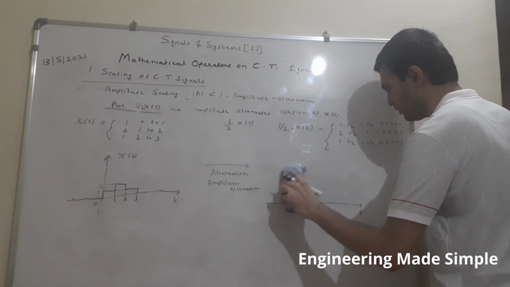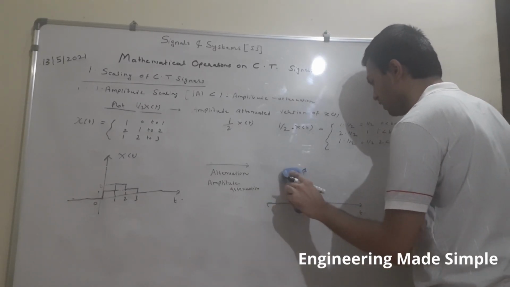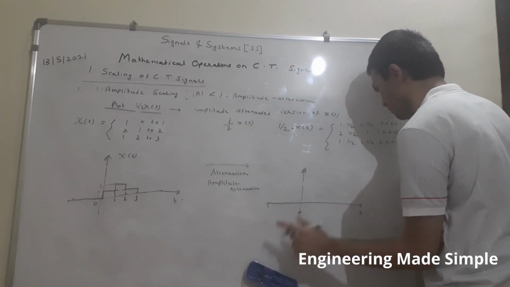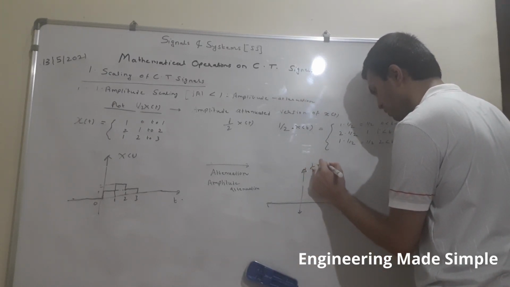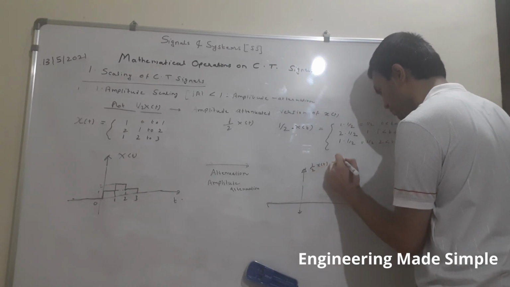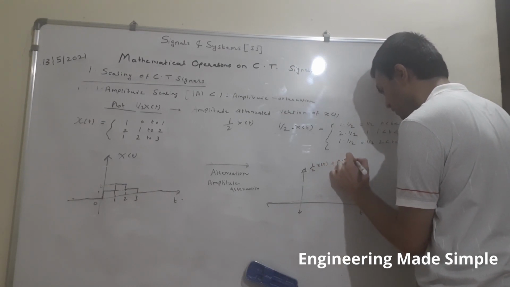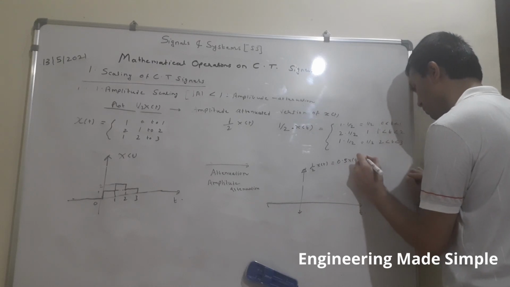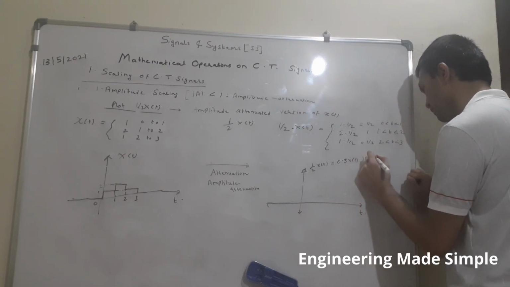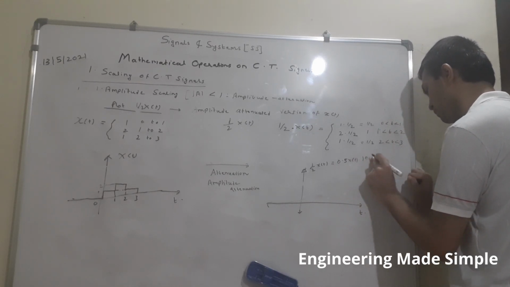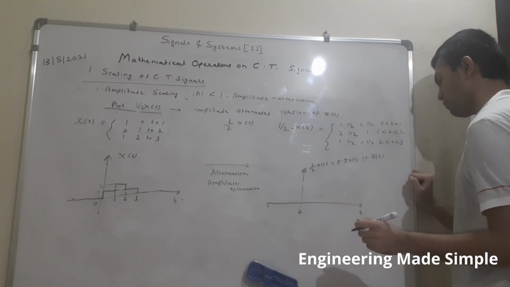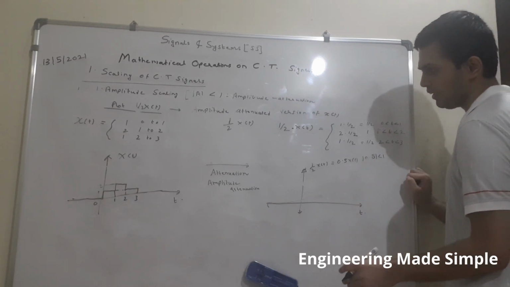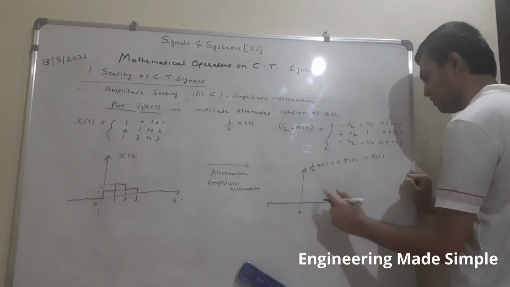I will write it over. Half into x of t, meaning 0.5 into x of t, also you can write. Where 0.5 is less than 1. As 0.5 is less than 1, it is said to be the amplitude attenuated version of the given signal x of t.